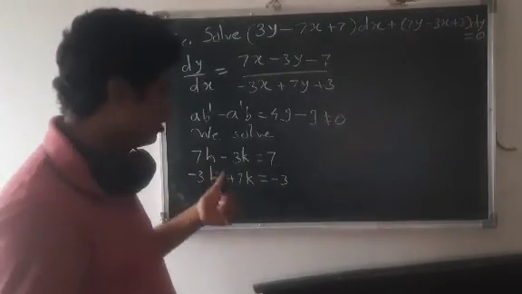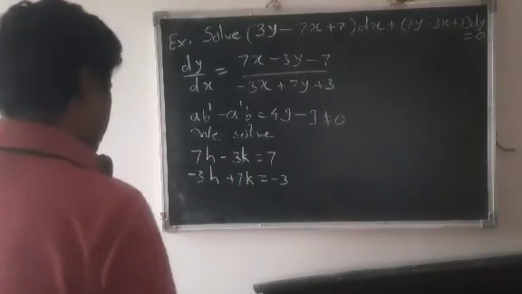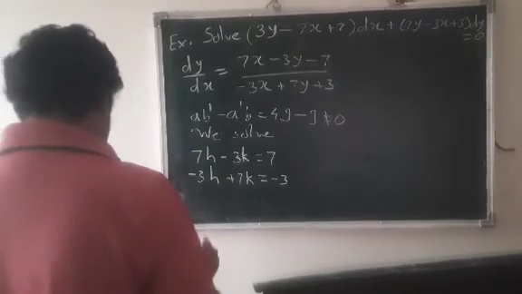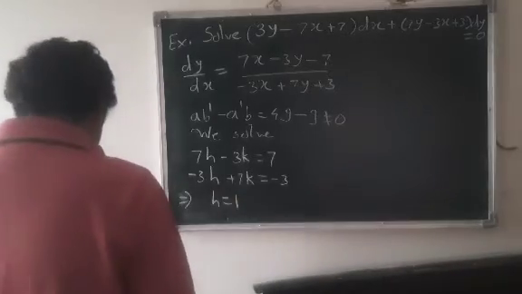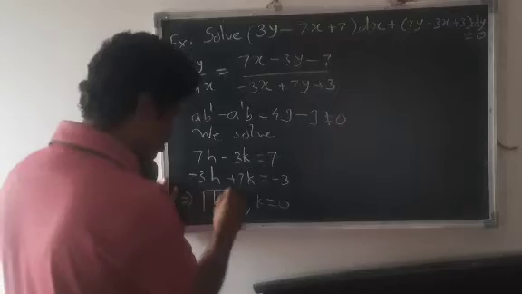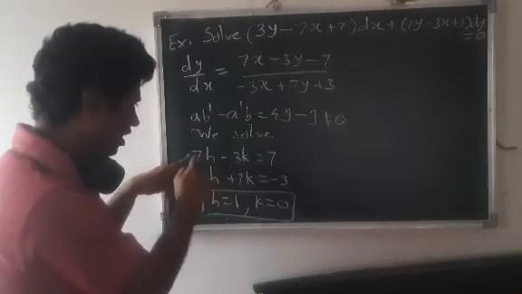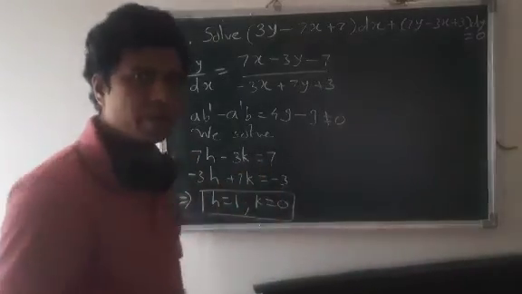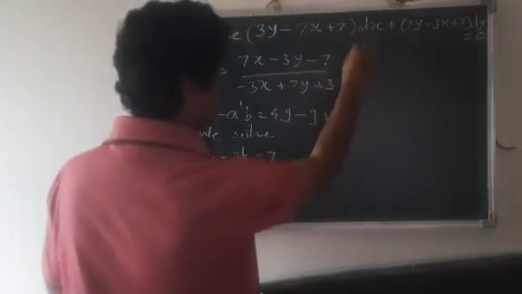And using routine procedure, we find the solution of this simple linear equation as h equal to 1 and k equal to 0. You can easily check: if we substitute k equal to 0, h equal to 1, it is 7 equal to 7, minus 3 equal to minus 3. The solution is unique.